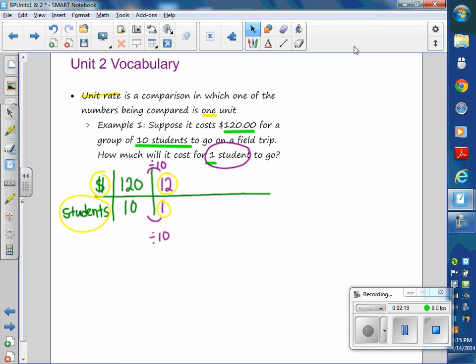So you can write that out in a sentence or a brief sentence, or even a phrase. You could write just $12 for one student.